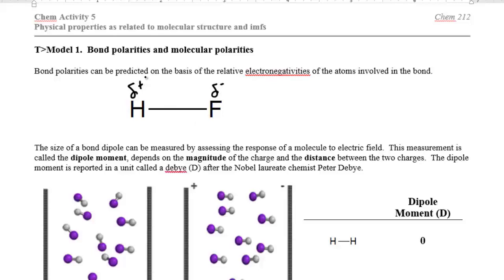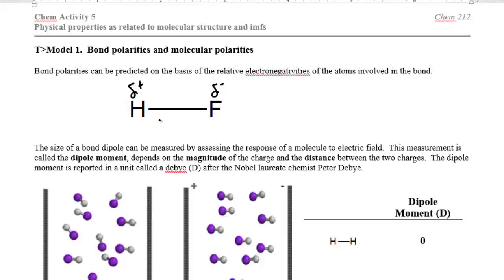This indicates a partial negative charge, a partial positive charge. This is different than saying these are cations or anions. It's saying there's an unequal sharing of the pair of electrons between the hydrogen and fluorine. Fluorine's pulling the electron density more towards it, leaving the hydrogen somewhat delta positive, the fluorine partially negative.